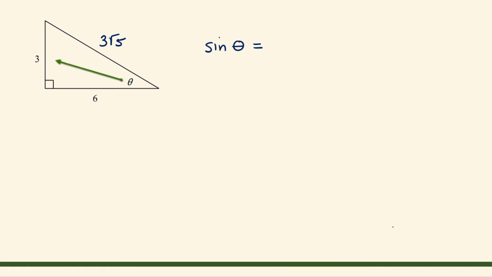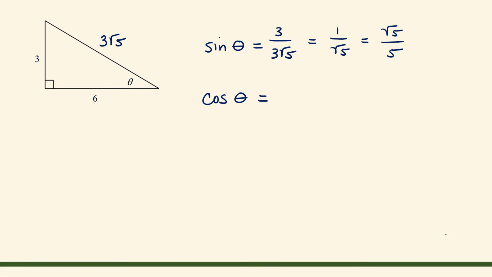The opposite side from angle theta is equal to 3, and the hypotenuse is 3 root 5. Therefore, sine theta is equal to 3 over 3 root 5. Simplifying this fraction gives us 1 over the square root of 5, which, after rationalization, gives us root 5 over 5. So sine theta equals root 5 over 5.